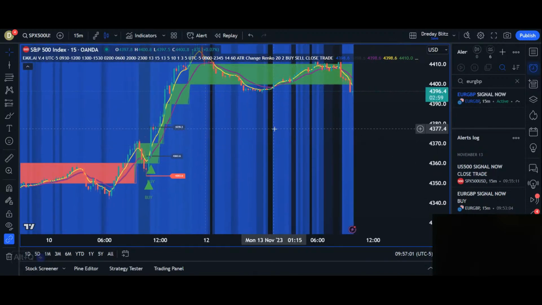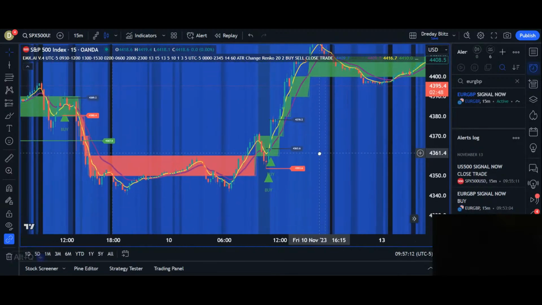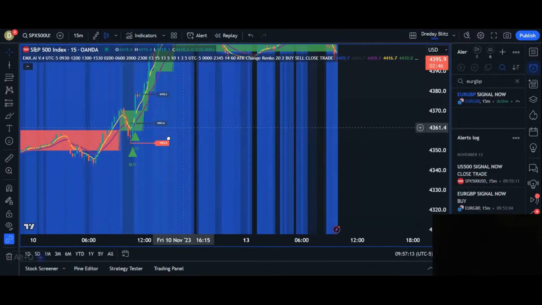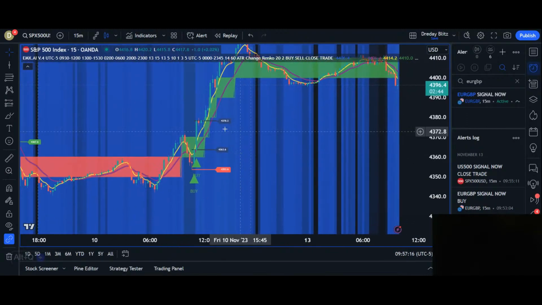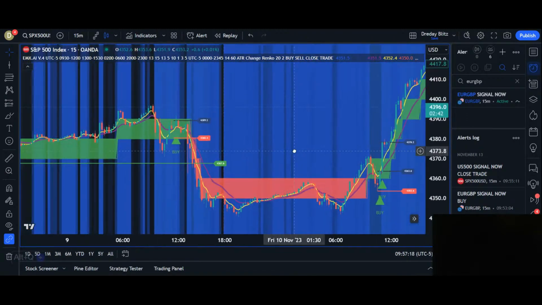Unfortunately, last week I wasn't on, but I would have taken those trades without any stress because of the way that it's filtering out the trades. So sometimes you're not gonna win all of them. Like for example, here you had a buy, but then it switched, right?